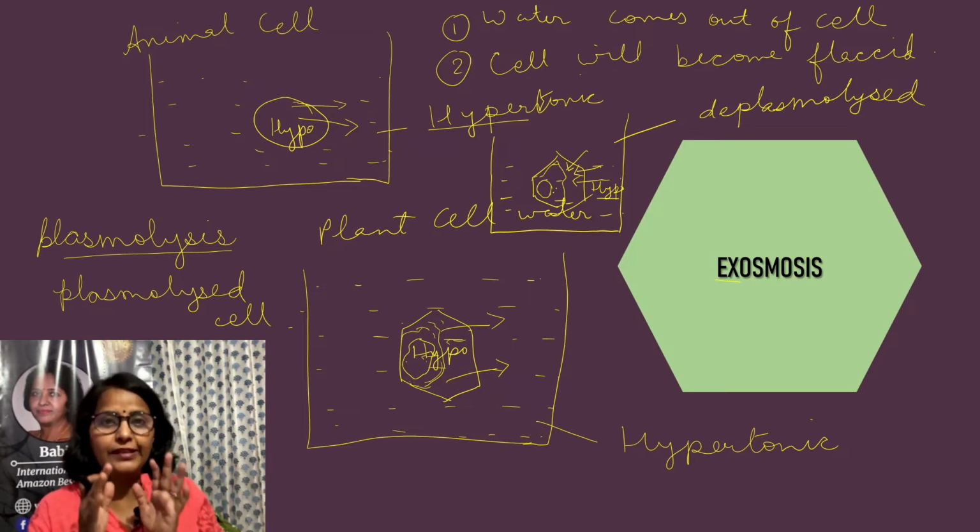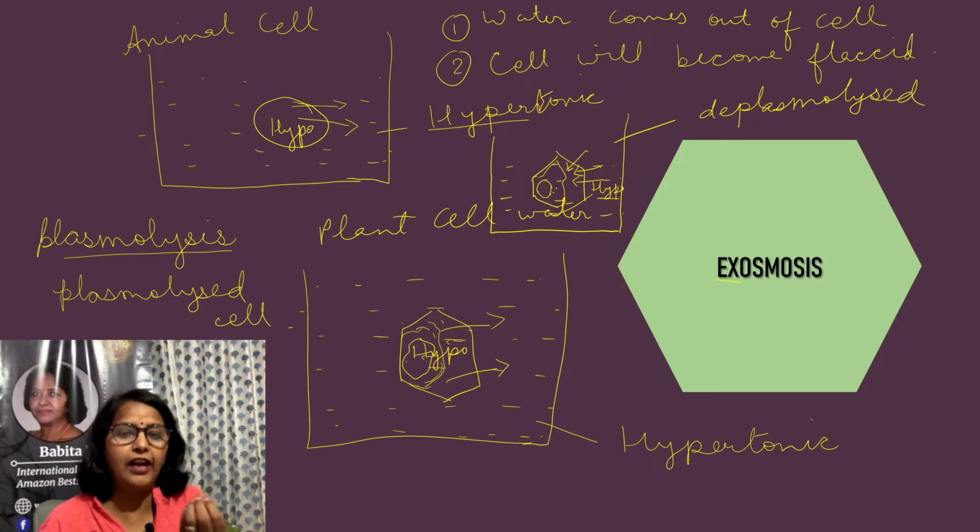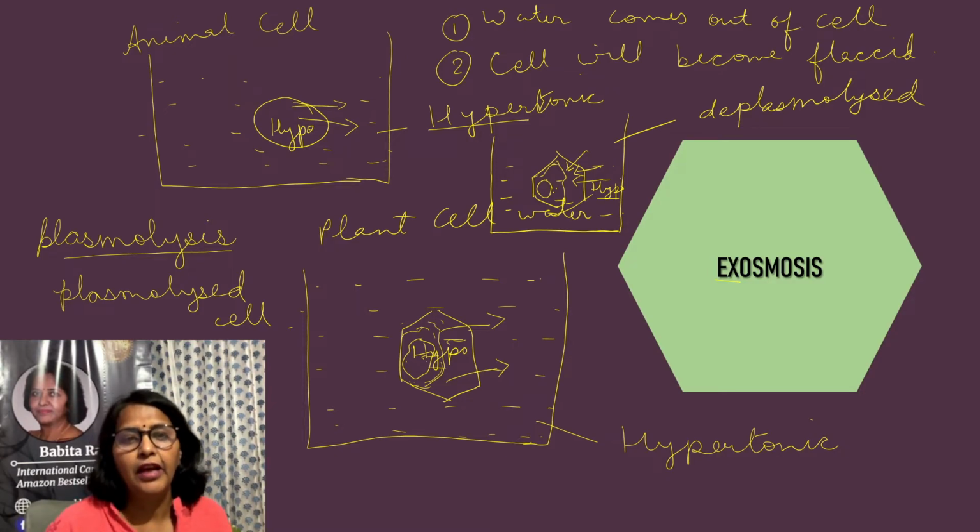But if we put the same plasmolysed cell into water, water becomes hypotonic in respect to the plasmolysed cell's concentration, water will start getting inside the cell, the vacuole will again start regaining its size, and at that time the cell is known as deplasmolysed.